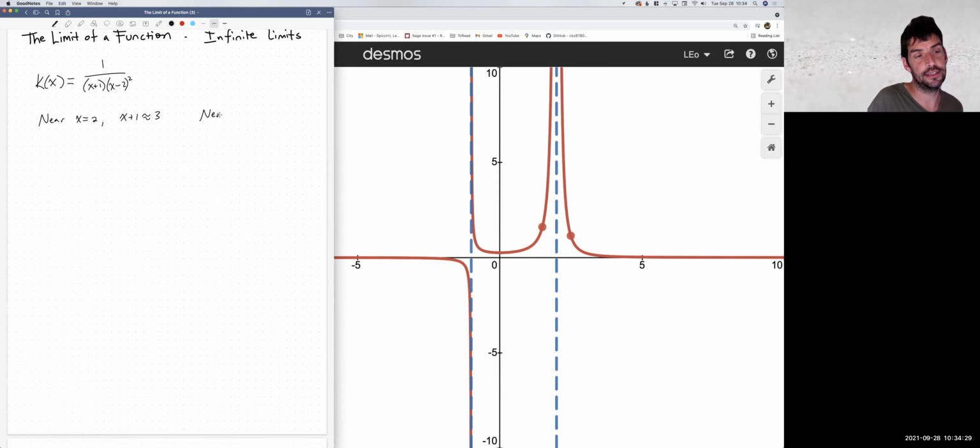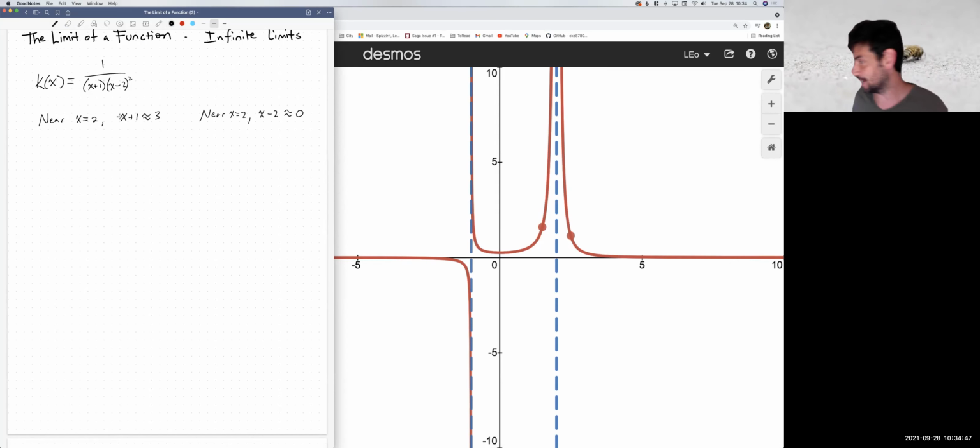And near x equals 2, x minus 2 is approximately 0. So this factor that's approximately 3 turns out to not matter very much. Let's see why. Let's consider two numbers near 3 in the denominator.